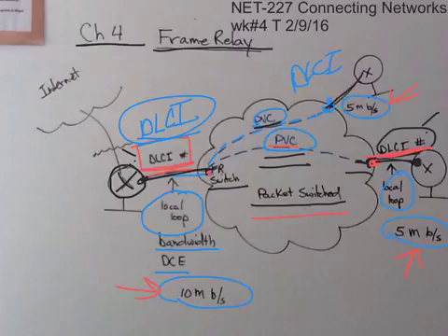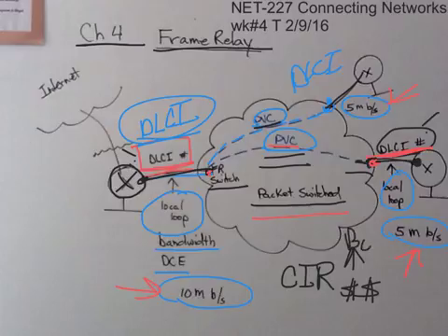Once they're in the cloud, they're going to get a committed information rate. Okay, and that's what they pay for. They get a committed information rate, and then they can have a committed burst and an excess burst. That's an E. You can have an excess burst.